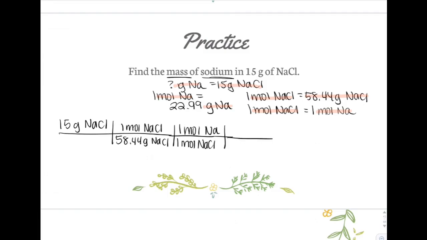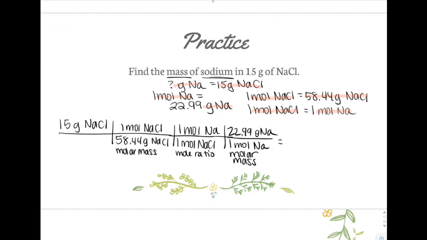So first we're going to use our molar mass. Then we're going to use a mole ratio. Anytime you have to change substances, you should be using a mole ratio. And then 1 mole of sodium is equal to 22.99 grams of sodium. This is another molar mass. This is going to be a big pattern for us: molar mass, mole ratio, molar mass.